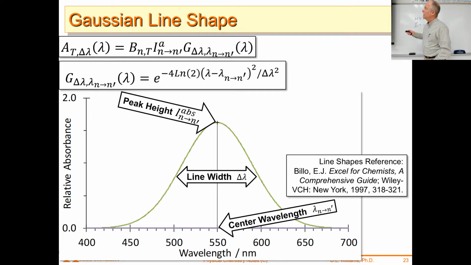The peak height, it's labeled up here. The peak height is that transition moment integral. It's proportional to it, okay? It's the integral squared. So the peak height is related to the transition moment integral squared.